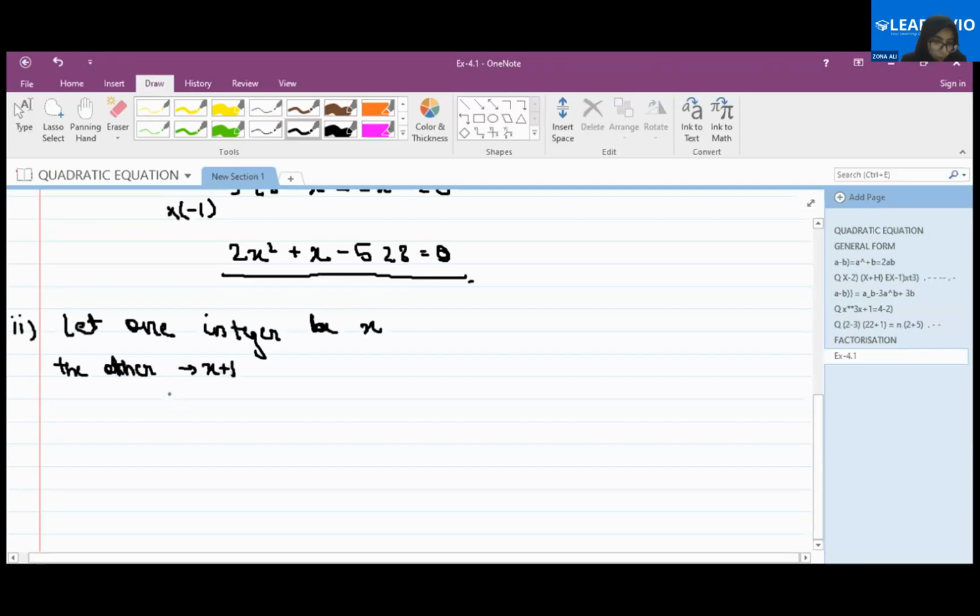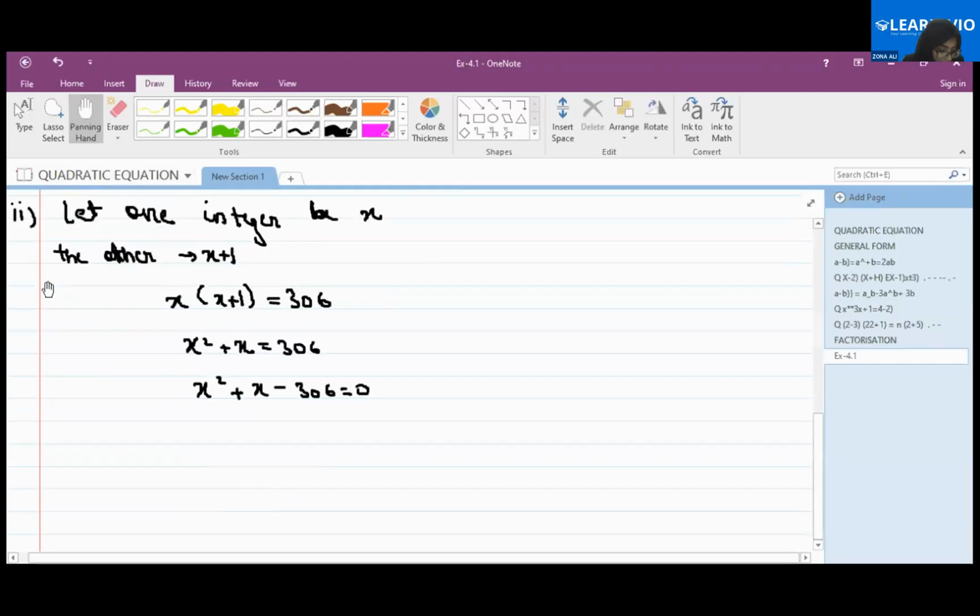The question says the product of these two integers, so x into x plus 1 is 306. So it will give you x square plus x is equal to 306, and if I take 306 to the left side, x square plus x minus 306 is equal to 0. So this is your quadratic equation.